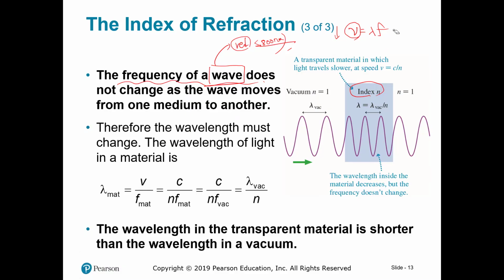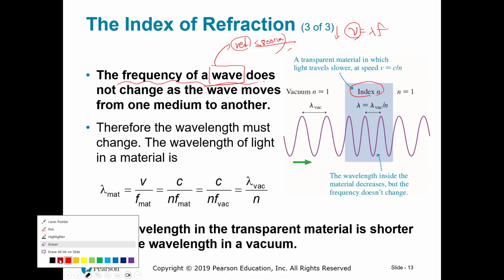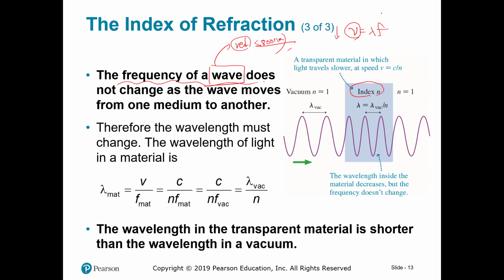Frequency does not change, so this is a constant. So the wavelength must decrease. Red light has a smaller wavelength especially in other materials, right? As you can see in this picture, the vacuum wavelength is this long, and later the wavelength gets smaller and smaller.